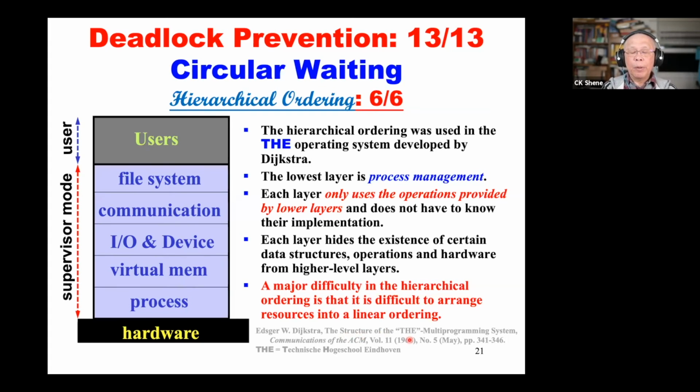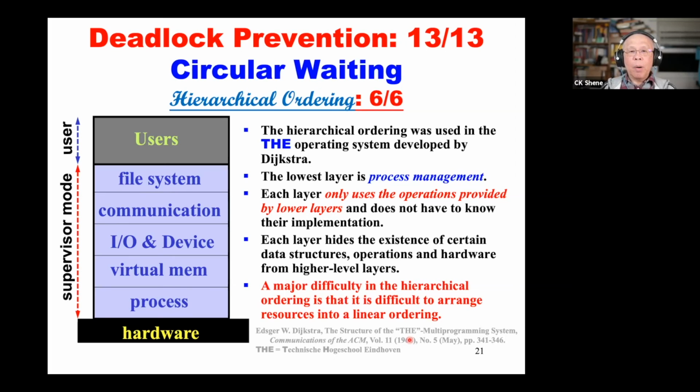So remember, other than non-preemption and mutual exclusion, we are able to develop new mechanisms to break hold and wait and circular waiting. So in your concurrent program with synchronization, try to think, is it possible you are able to break hold and wait?